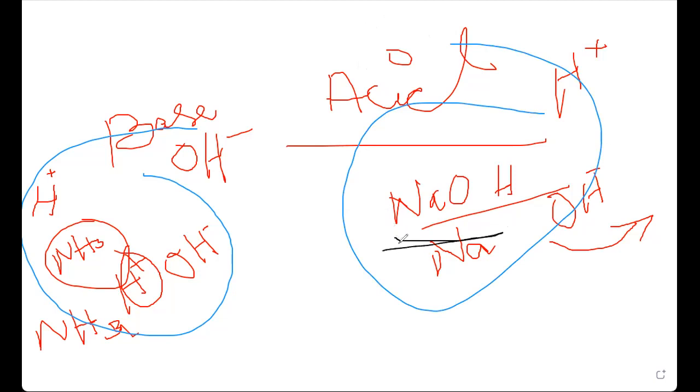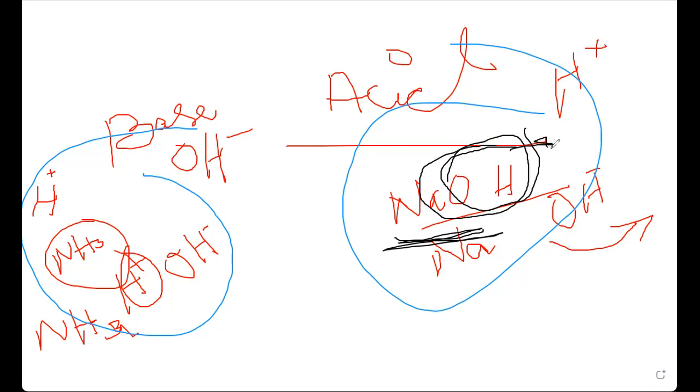Because when you dissolve NaOH into the water, it will donate OH negative ion to the water. I mean, it will dissociate into sodium ion and OH negative ion. You are dissolving it into the water, making it aqueous. So that OH ion is NaOH donating OH negative ion to the water.